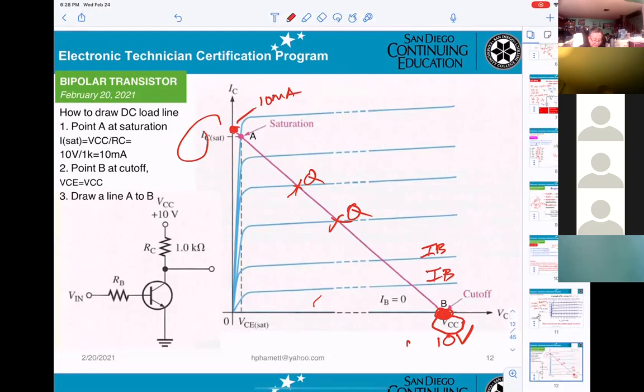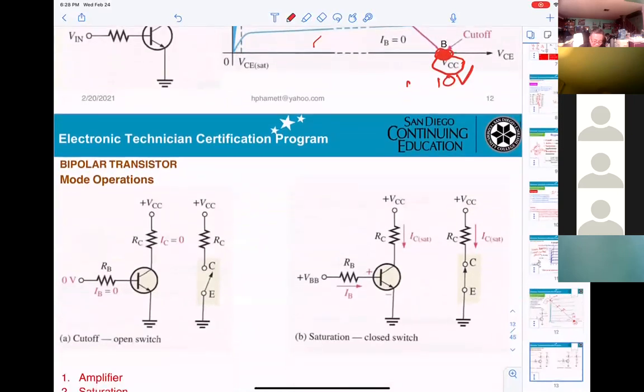You get 2 points. Draw the line. That means the DC load line. If you go to college and university, you must be doing it.